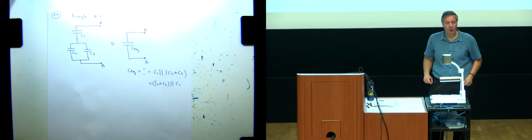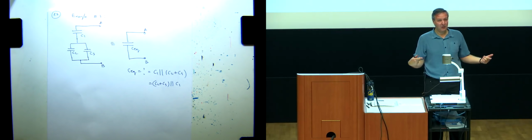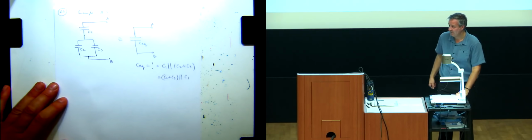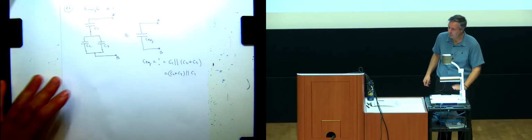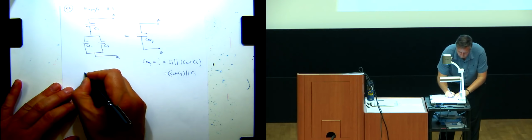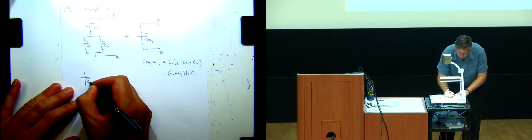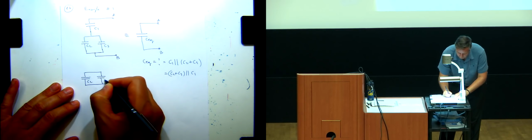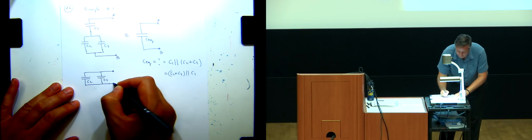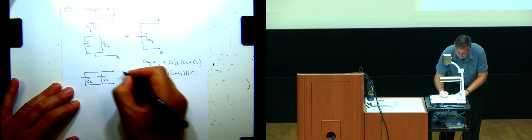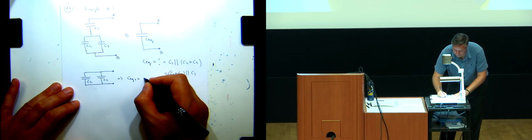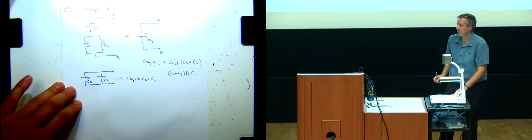Do people see how? Can you explain how you got to this? Well, if you look at C2 and C3, they are parallel, so they should be summed to an intermediate equivalent, with C1 on top and the intermediate equivalent on the bottom. Okay, so you're saying this first. Let's call this C equivalent 1, which was just C2 plus C3.